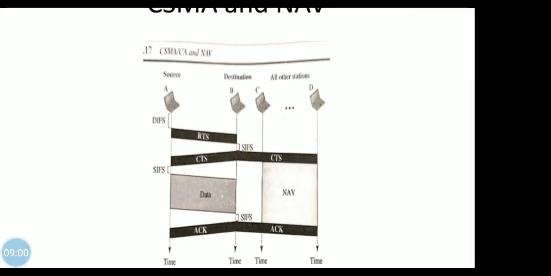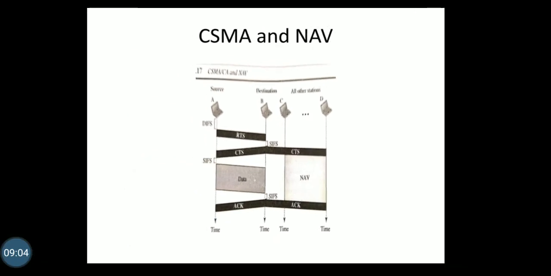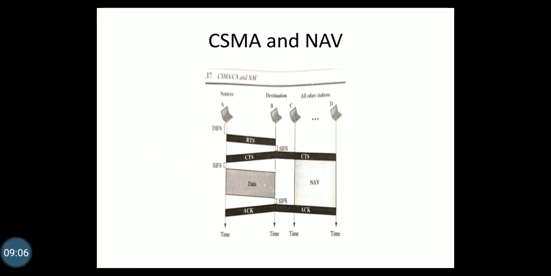This is the diagram that is showing CSMA/CA and NAV. Here we can see NAV. Here we can see SIFS. This is request to send, RTS, clear to send, CTS.